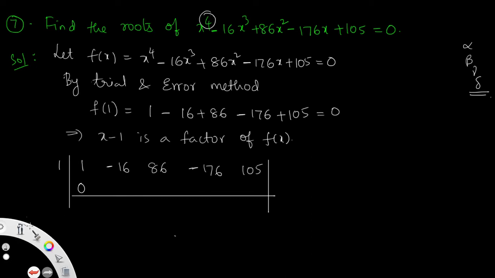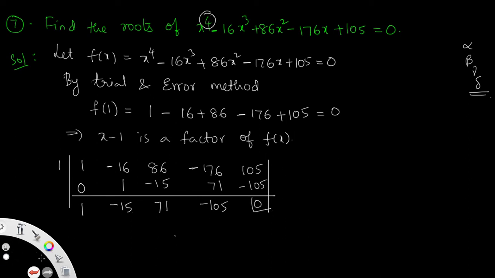By adding: 1 plus 0 is 1, then minus 16 plus 1 gives minus 15, then 86 minus 15 gives 71, then minus 176 plus 71 gives minus 105, and 105 minus 105 gives 0.